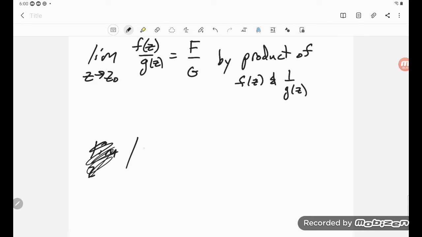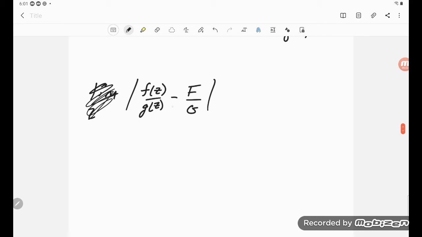I just want to start with my f of z over g of z, just like that, minus f over g. And if I get a common denominator, I'll have f, and I'm just going to make it abbreviated there as f, and so f of z, g minus g times f over g times big G.